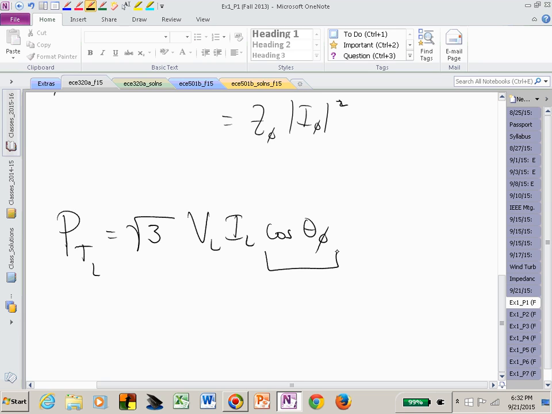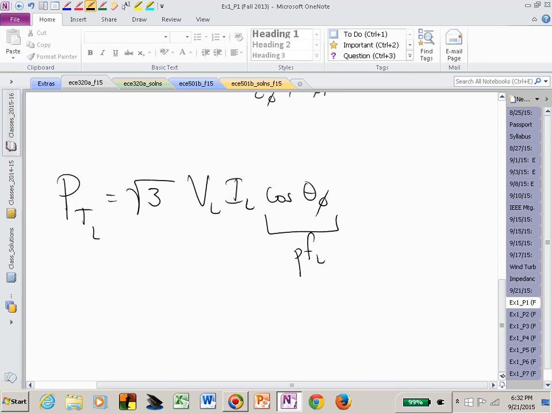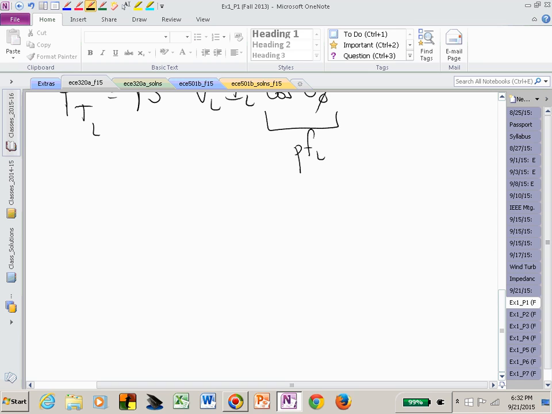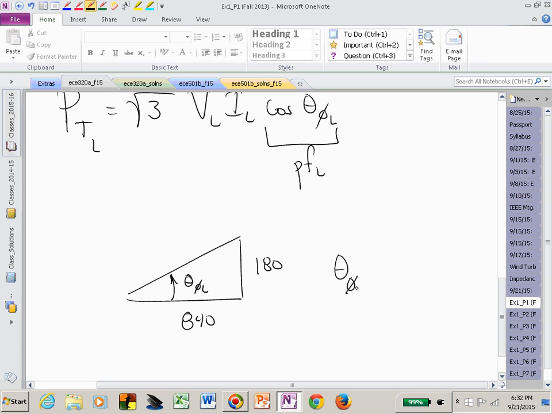This is the power factor of the load, and we had that the load was, where are my numbers? 840 and 180. So now theta phi sub L is the inverse tangent of 180 over 840, which is now 12.095 degrees.